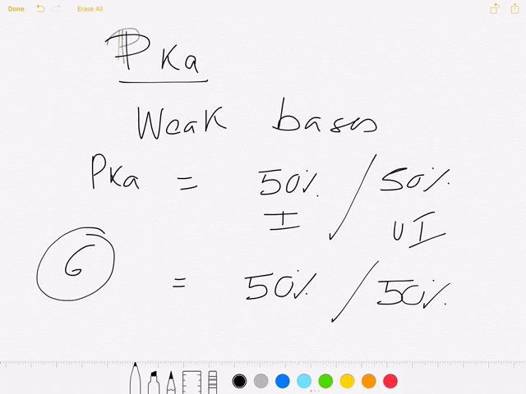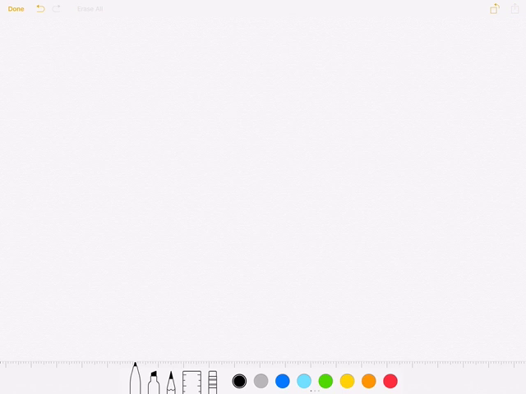This is provided other things are constant, such as temperature. So pKa is a pH at a given temperature where a drug exists 50% in ionized form and 50% in unionized form. If you're a chemist, it doesn't have to be a drug, it can be any chemical. I hope you understand that.